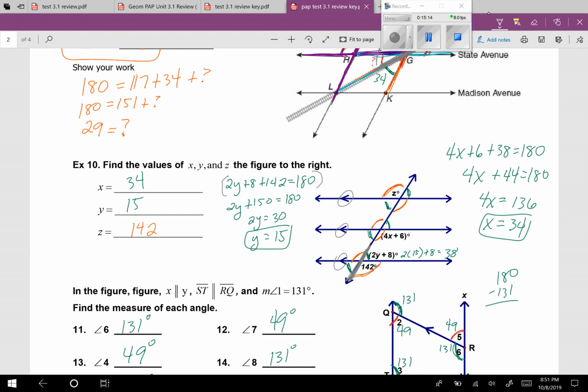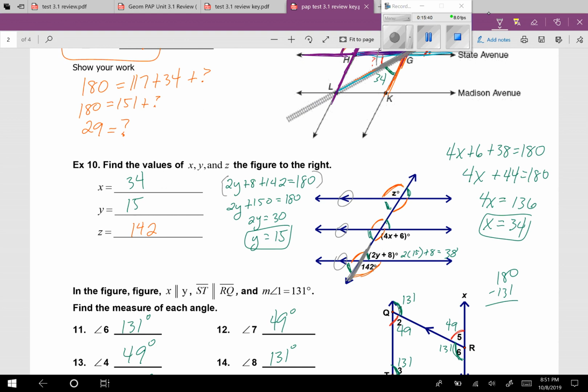Now, I also saw, okay, this 4x plus 6 and this 2y plus 8, they're same side interior angles. So if I add them, they should be equal to 180. So instead of making a complicated equation where I had the x and the y, I just took the fact that I already knew what y was and I plugged it into this angle. And then I found the measure of it.